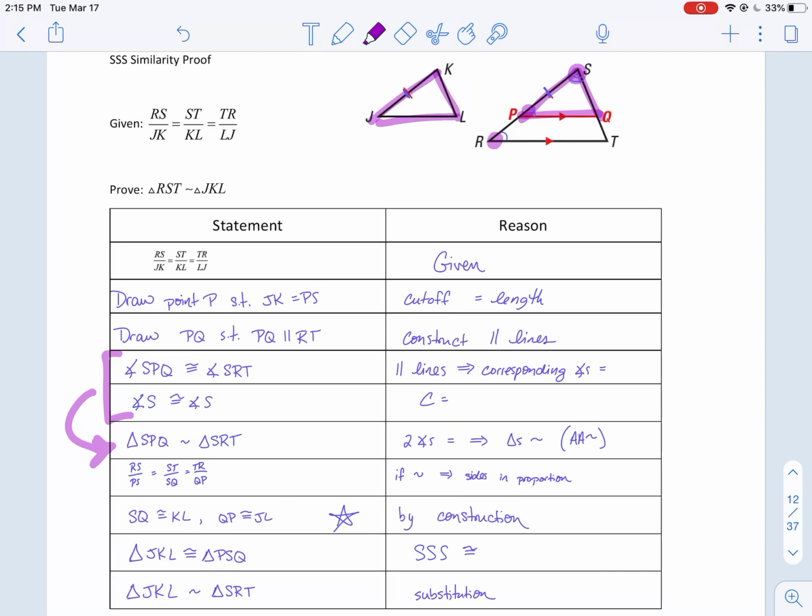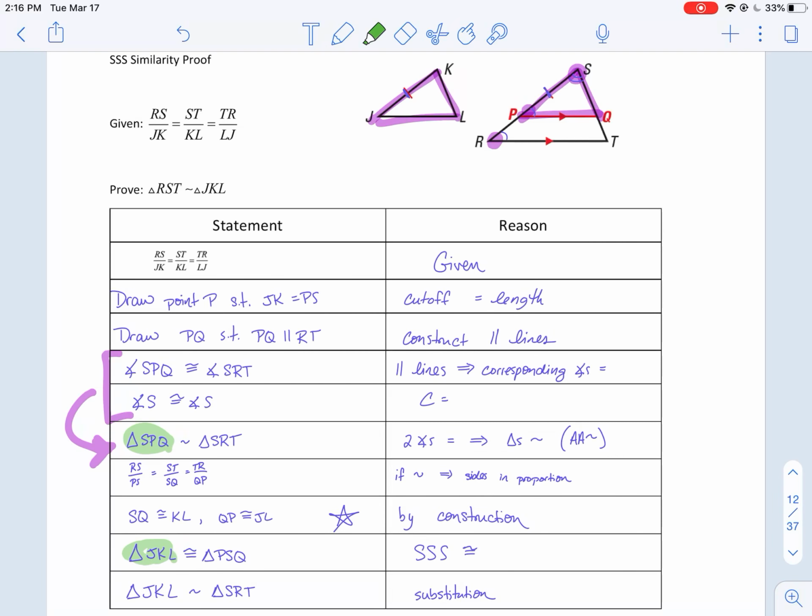And so now we're using our side, side, side congruence statement. And then all we need to do moving forward is to swap out triangle SPQ with triangle JKL.